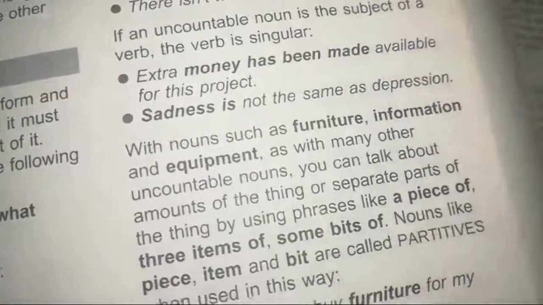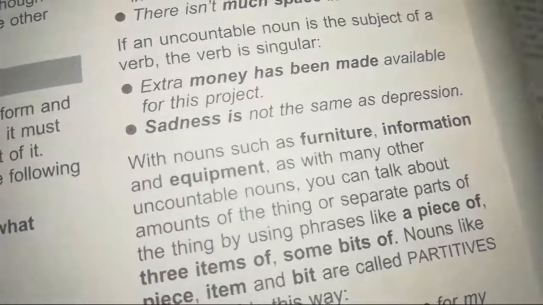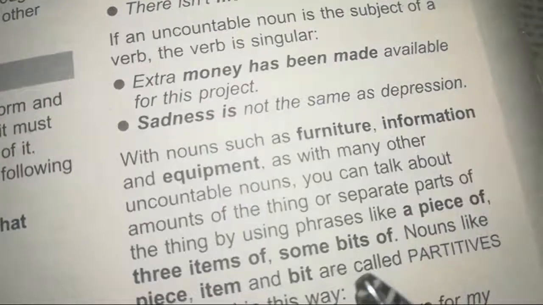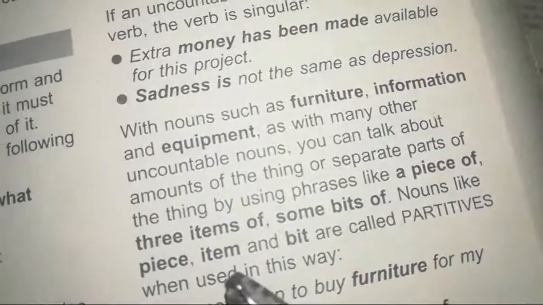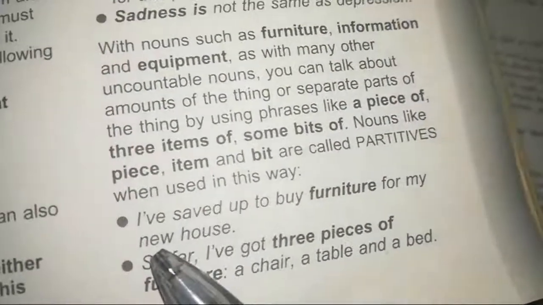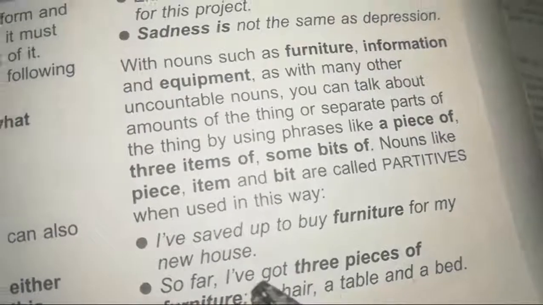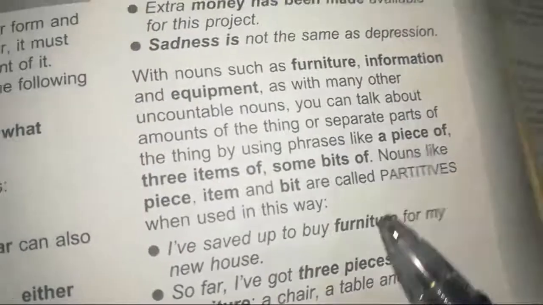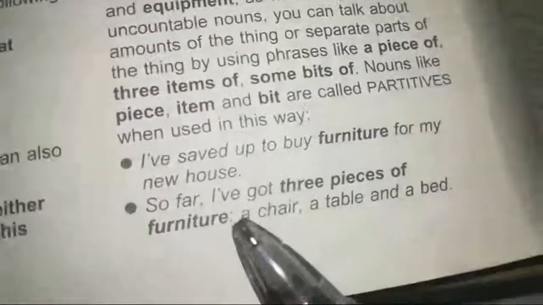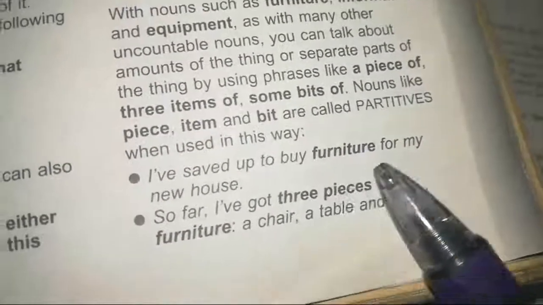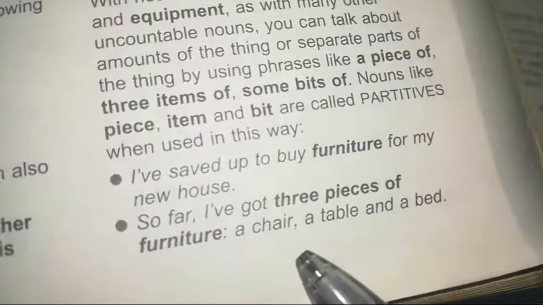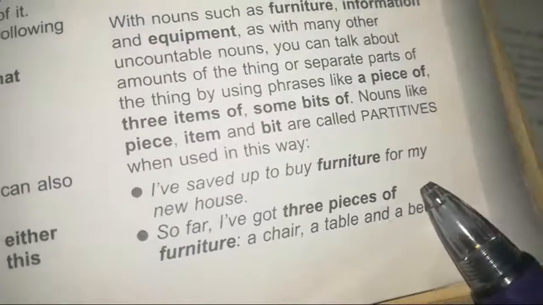Nouns like piece, item, and bit are called partitives when used in this way. For example, I've saved up to buy furniture for my new house. So far, I've got three pieces of furniture: a chair, a table, and a bed.